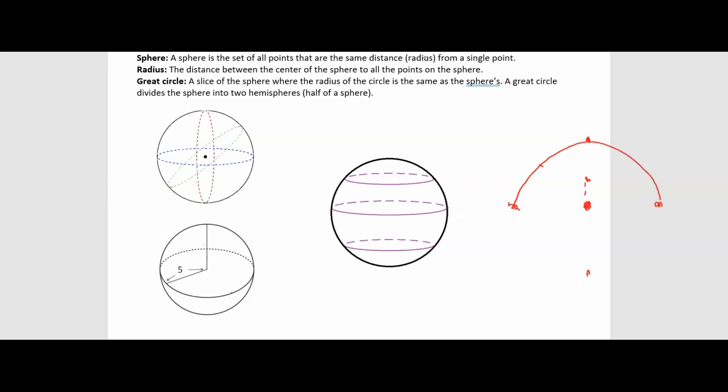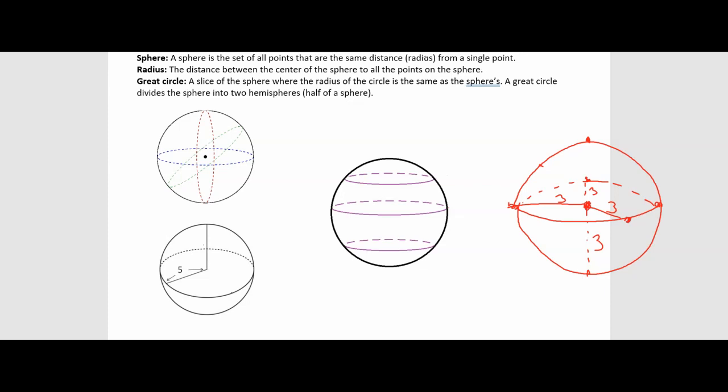So that's where our sphere comes in. You have all these points that are 3 inches away. It may look like some are closer, but we're just drawing these with a little perspective.